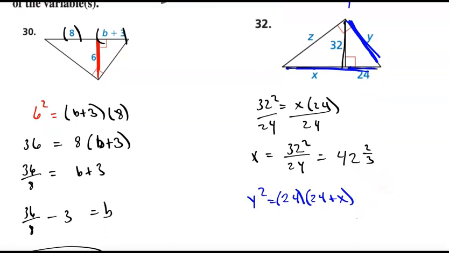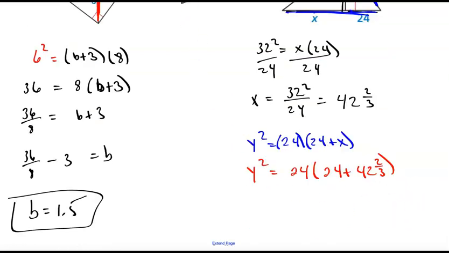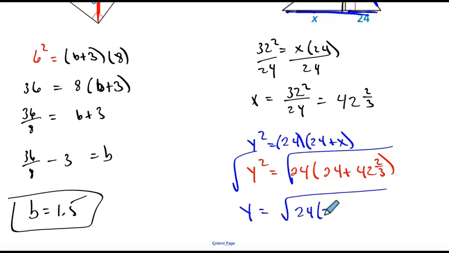Which x now, we know, is 42 and 2/3. So I'm going to square root all that. And y is equal to the square root of 24 times 24 plus 42 and 2/3. And I'm going to put that all in my calculator there.